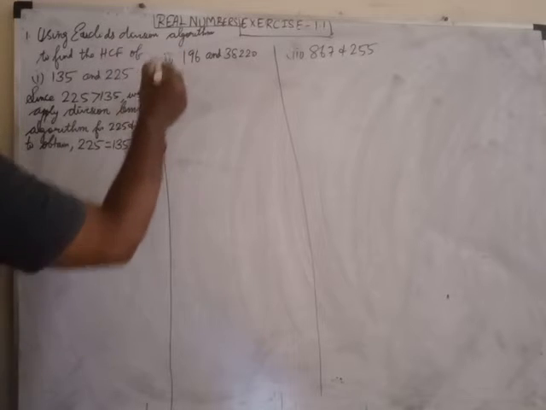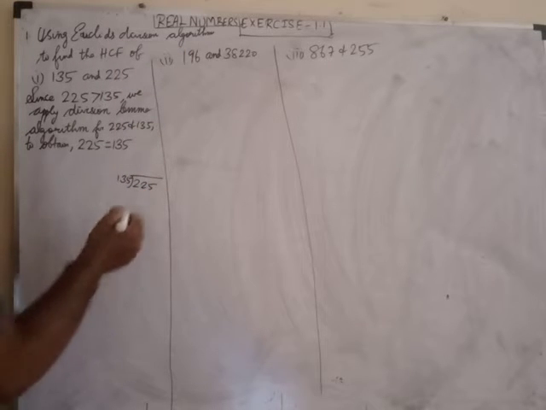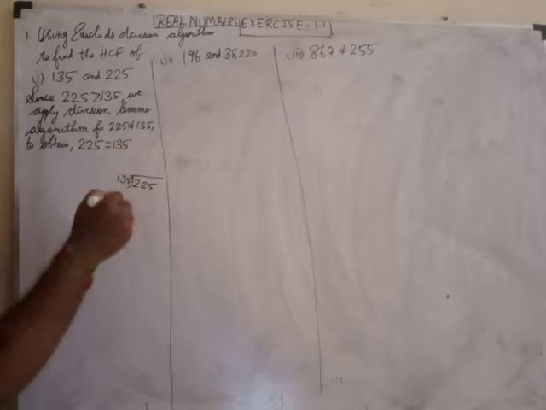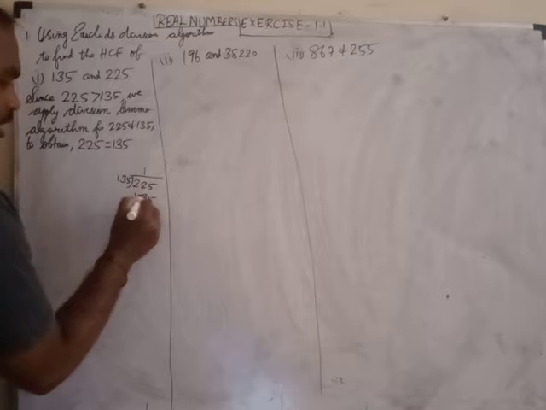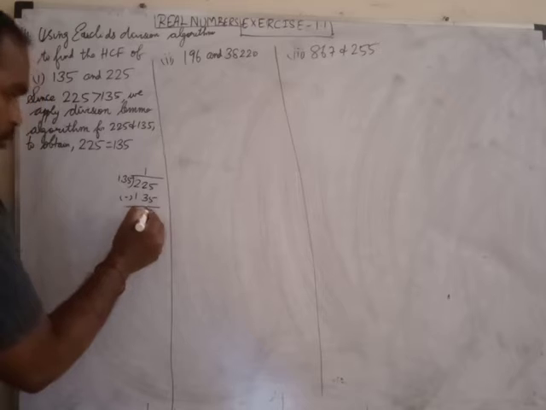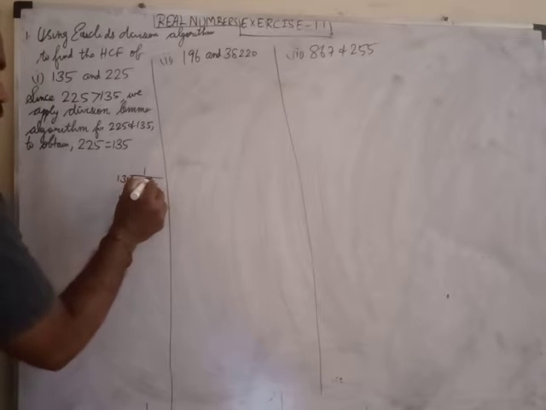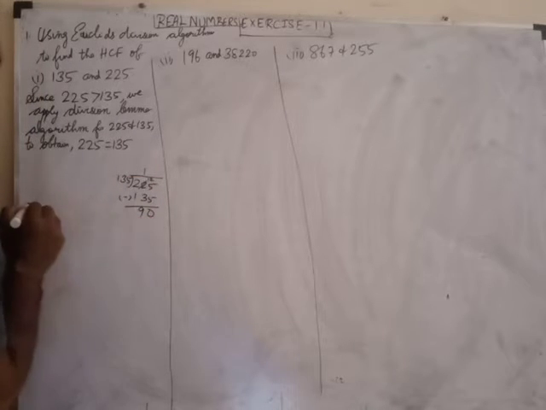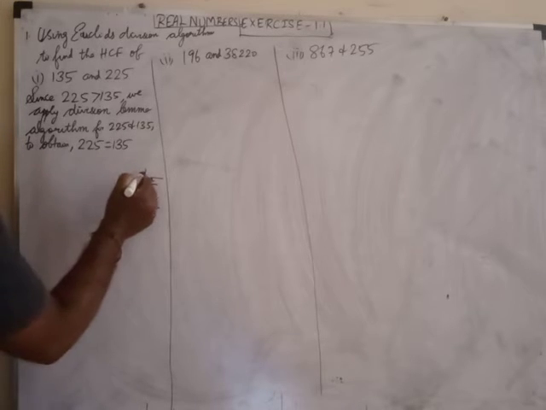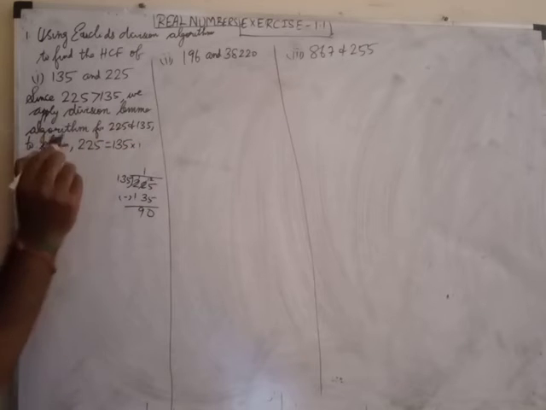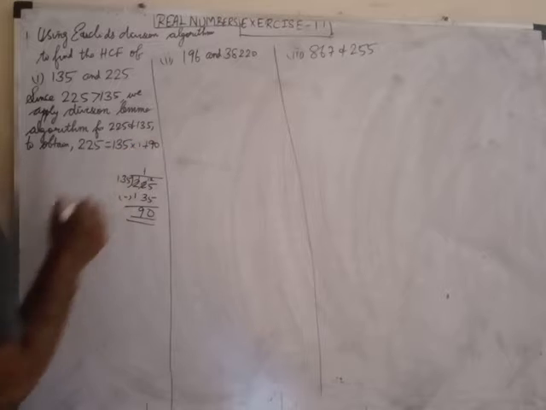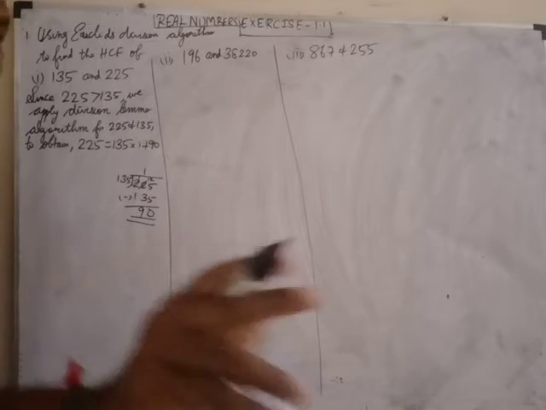Because it is Euclid's division algorithm, we need to apply the division. 2 into 135 is 270, so 1 into 135. 5 minus 5 is 0. 12 minus 3 is 9. 1 minus 1 is 0. So 135 into 1, plus remainder 90. Correct?